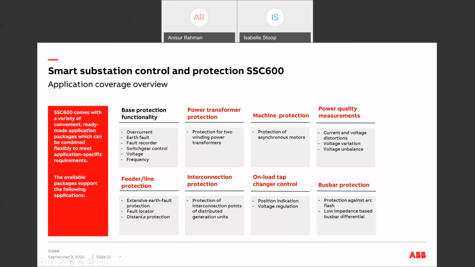All these advanced feeder protections are an optional application, and interconnection protection for renewable and distributed power generation, and on-load tap changer are also available. And finally, the low impedance busbar protection is also available.